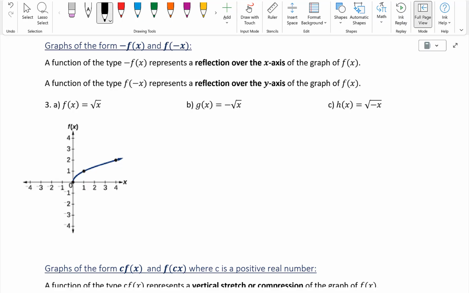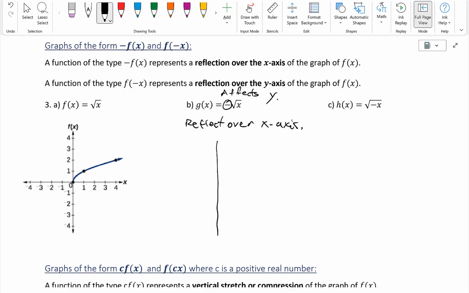So don't need to do a whole lot with the locator points here. We haven't shifted it all left to right or up or down, so maybe we can just talk about the values. So the negative outside here affects the y, or the function value. So we're going to reflect over the x-axis.